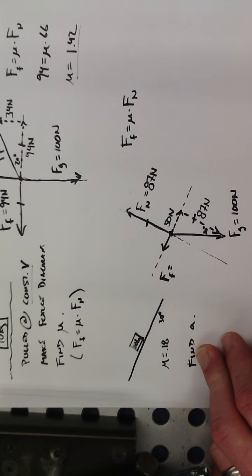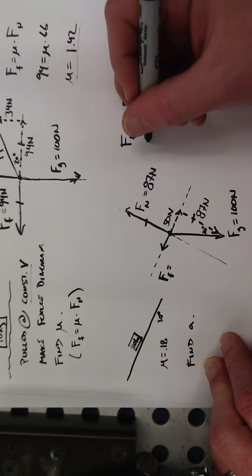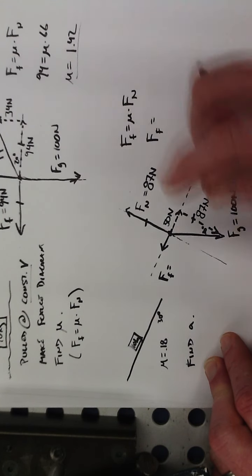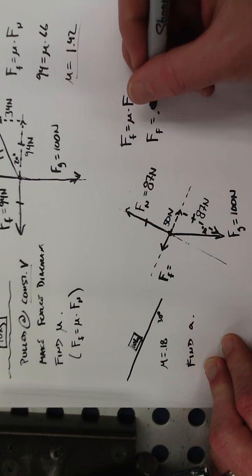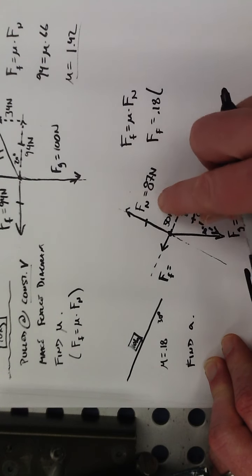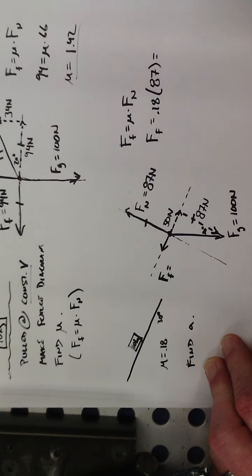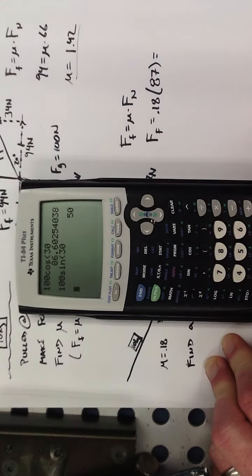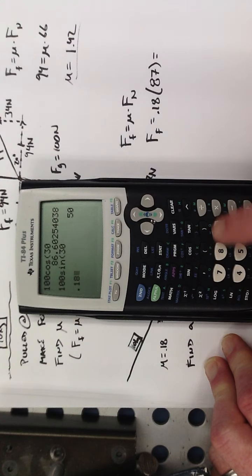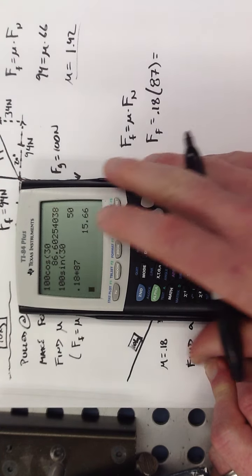Force of friction is equal to mu times the normal force. So I'll call that 16 newtons.